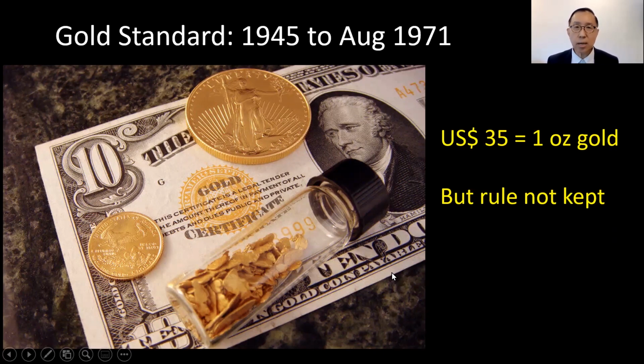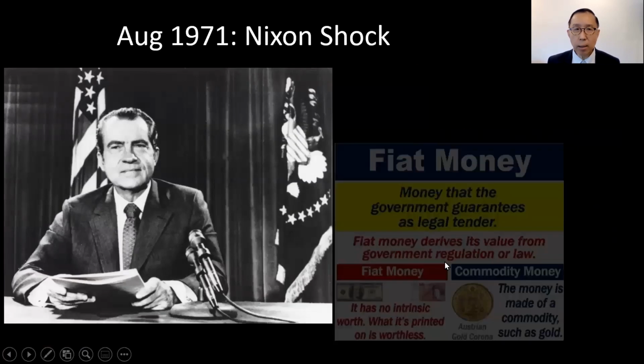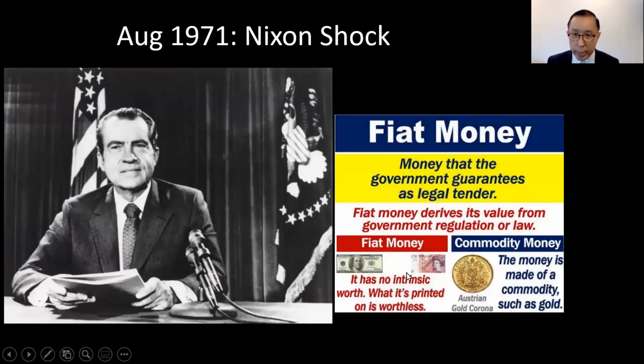So great was the outflow of gold from the US to the rest of the world that in August 1971, President Nixon came out and said, sorry, you are no longer allowed to exchange your dollars for gold. And that began what we have today, which is the fiat money system. Any central bank can print as much paper money as they like.